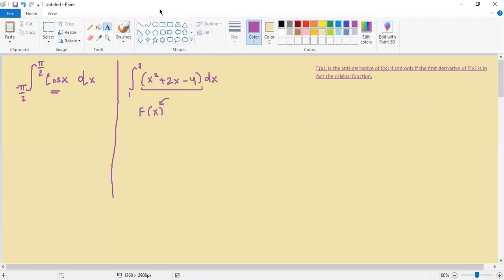In other words, I want to find a function whose first derivative is the original integrand. And that's really what it means, at the heart of it, to find the antiderivative.